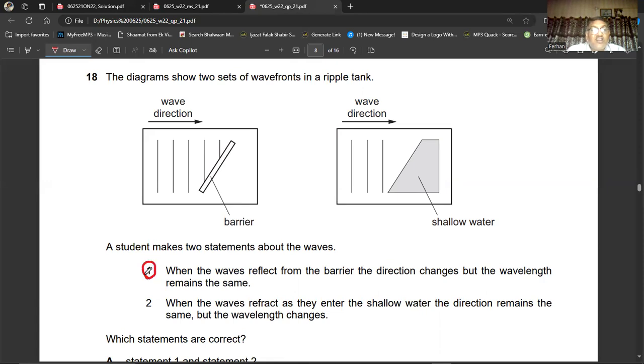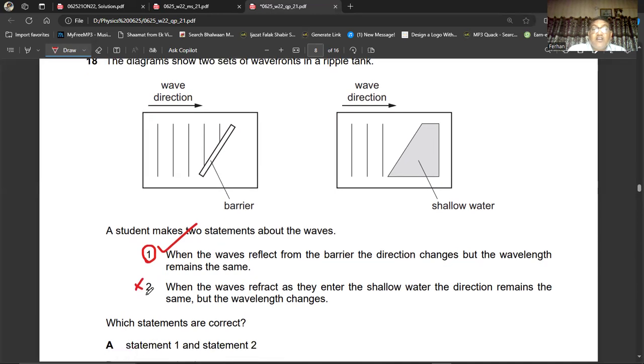This is a true statement, sir. The second statement: when the waves refract as they enter the shallow water, the direction remains the same. This is wrong. Their direction changes, wavelength changes, speed changes, and frequency does not change. This second statement is basically wrong.